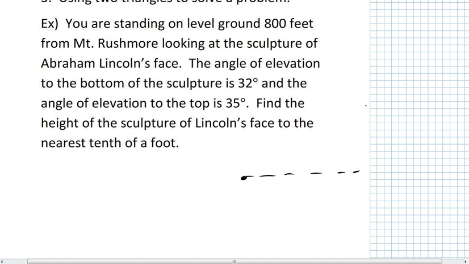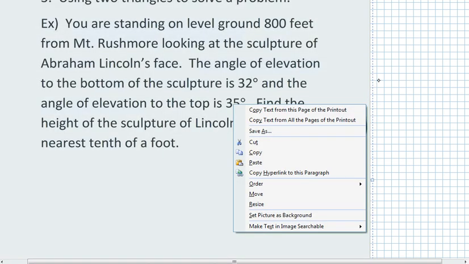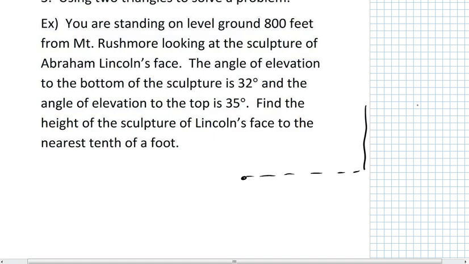So here's Mount Rushmore, big mountain. And here's Lincoln's face. Right up here, there's Lincoln's face.